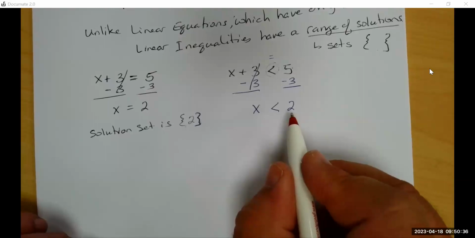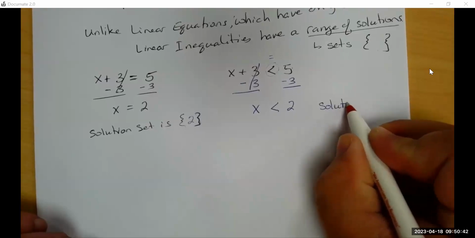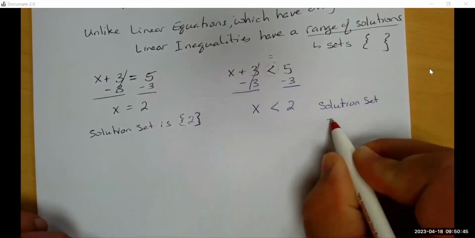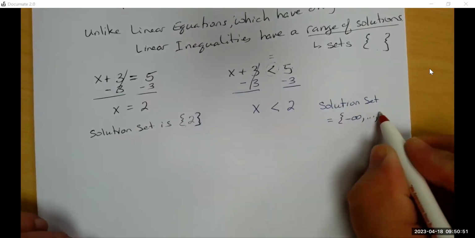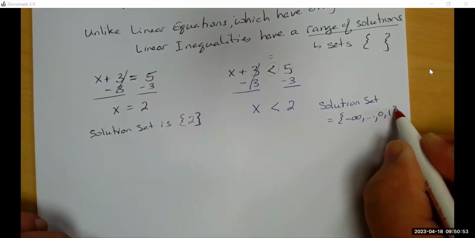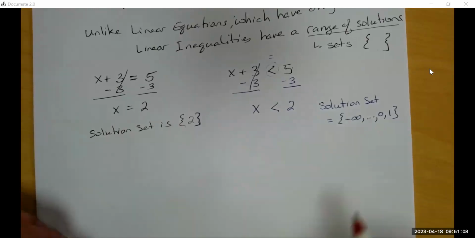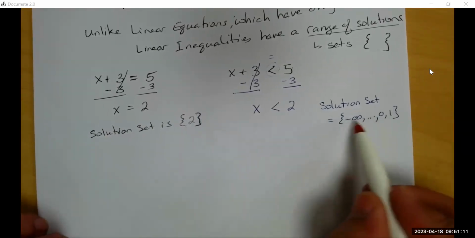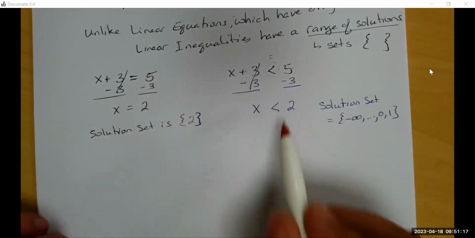This one has an infinite amount of numbers. The solution set here is everything from -infinity to 1. So any of these numbers inside this list is acceptable because it'll satisfy this condition.